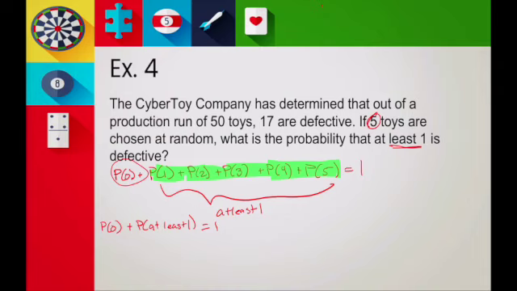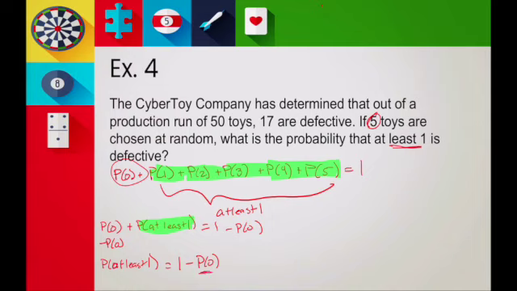So if we are trying to solve for the probability of at least 1, we can do this by subtracting the probability of 0 from both sides. And so we get that the probability of at least 1 is 1 minus the probability of none.